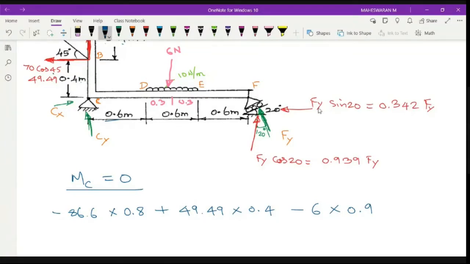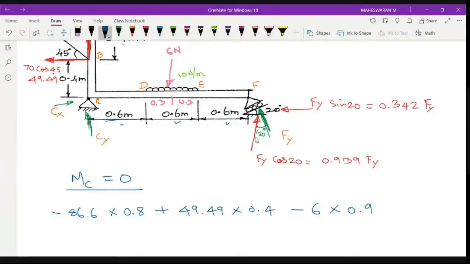Let me go for this F point. Two forces. This horizontal force doesn't have distance. There is no distance given, so this becomes 0. But vertical force, it is having a distance. What is the distance? 0.6, 0.6, and 0.6, so totally 1.8 meter.